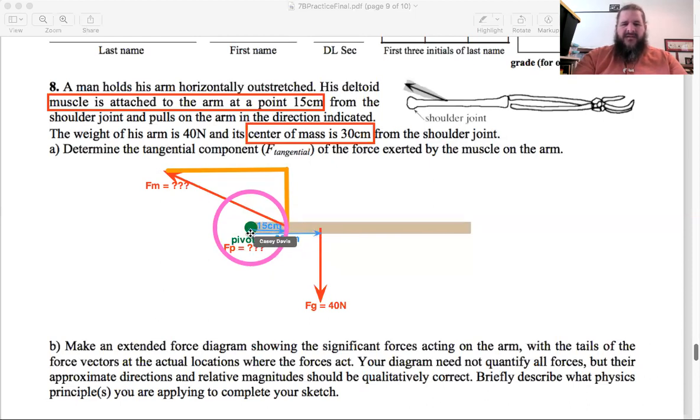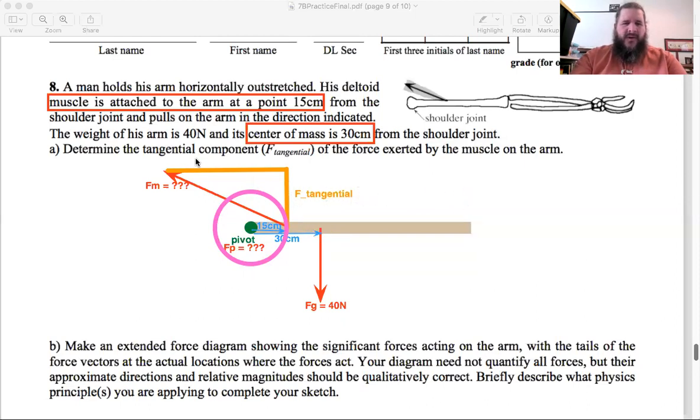We got a 15 centimeter radius vector, radius in the sense of the distance from the pivot point to the location where the force is applied. If you imagine spinning that radius vector around to make a circle, the perpendicular component is tangential to that circle, because any tangent line to a circle is guaranteed perpendicular to the radius vector. So the perpendicular component of the force is often called the tangential component.